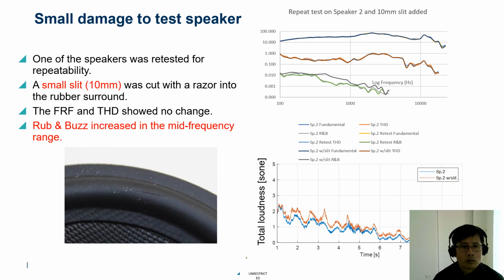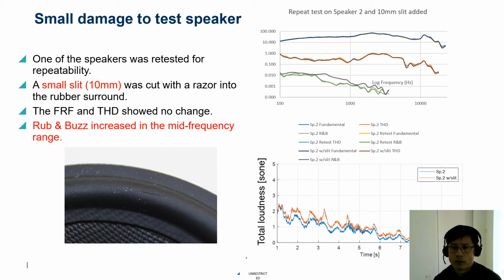On top of this, we also made a small damage to the driver unit directly, and we also repeated the test just to see how reliable the result is. The small slit is visible in this picture in the slide, and the right-hand side shows the frequency response as well as THD and Rub and Buzz.